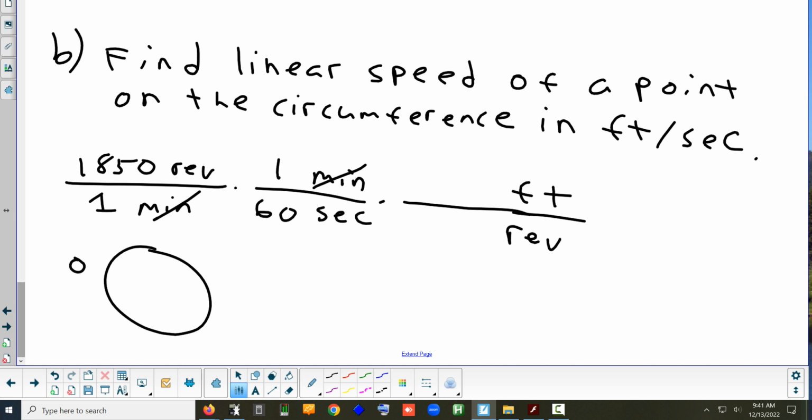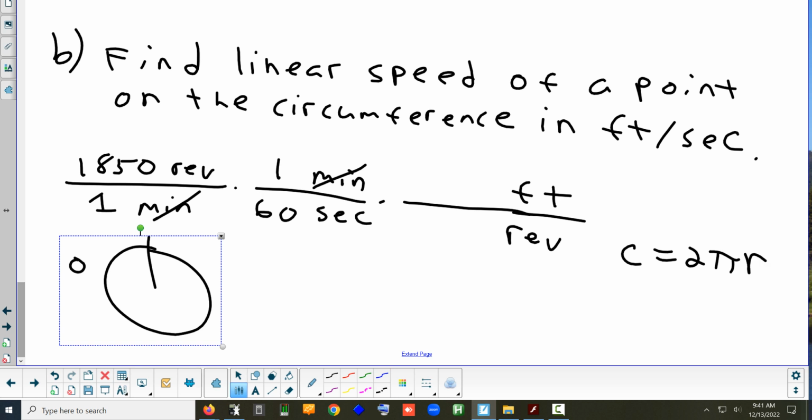Yeah, it's the circumference. So if you imagine that was a piece of string in a loop, you cut it right there and flattened it out, and laid it out flat. That's what you're finding. How many feet to go around the circle one time? That's a revolution. So, formula.